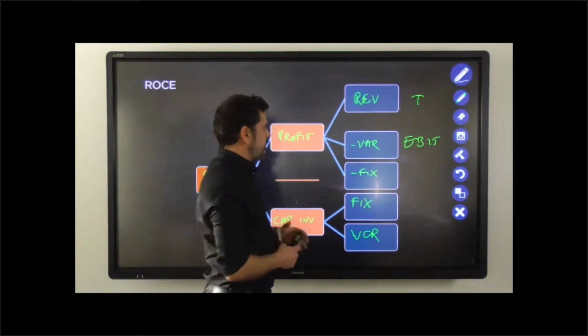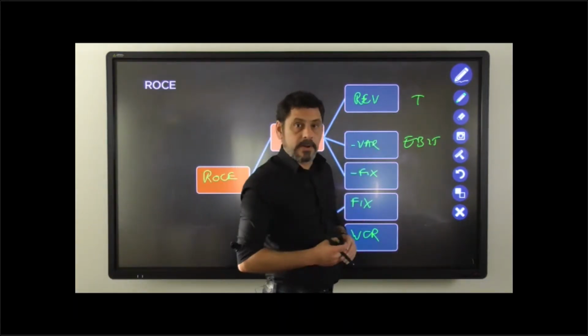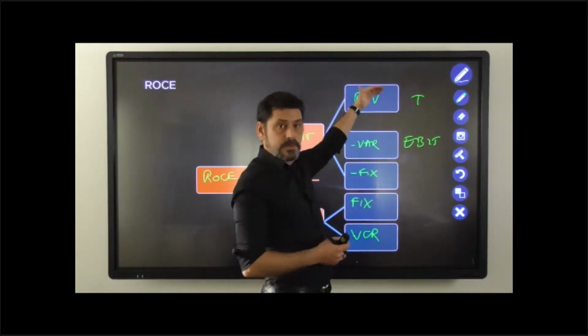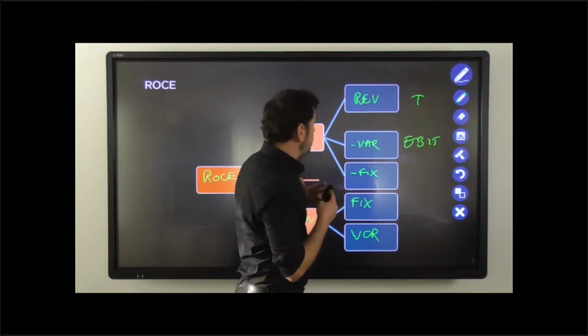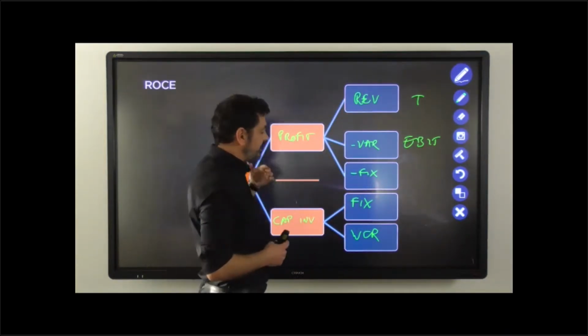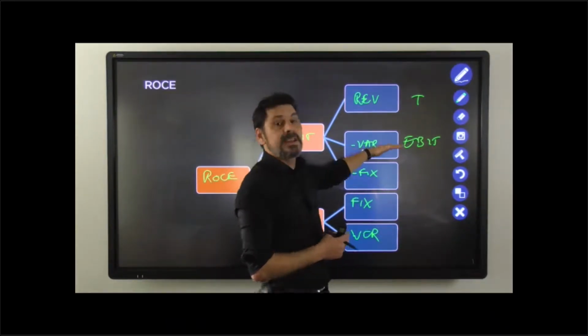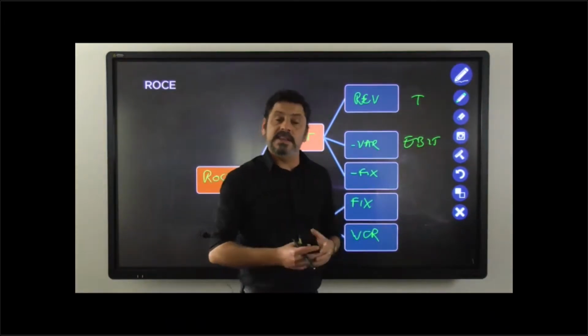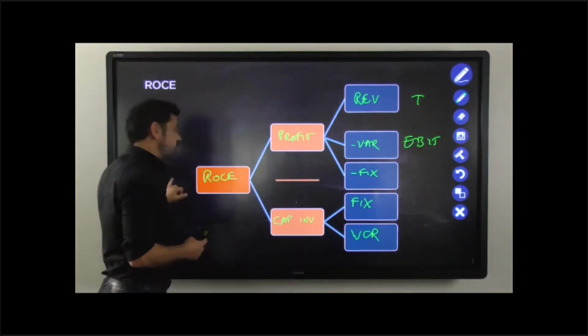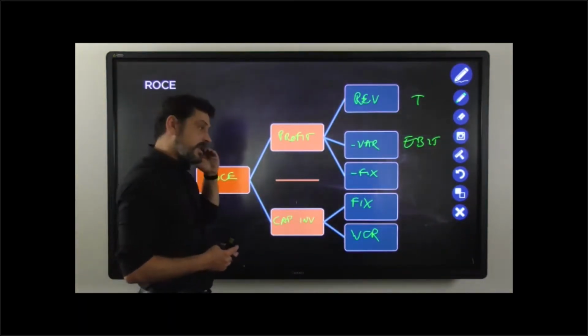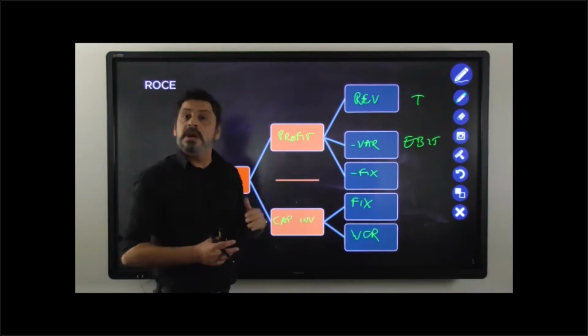Meaning, like in the former example, I can increase my revenues, but if to increase those revenues, I need to heavily invest in inventories, and I'm also, for instance, heavily increasing my variable costs, it might be that in the end, this ROCE is not going up or staying steadily the same, but is going down.